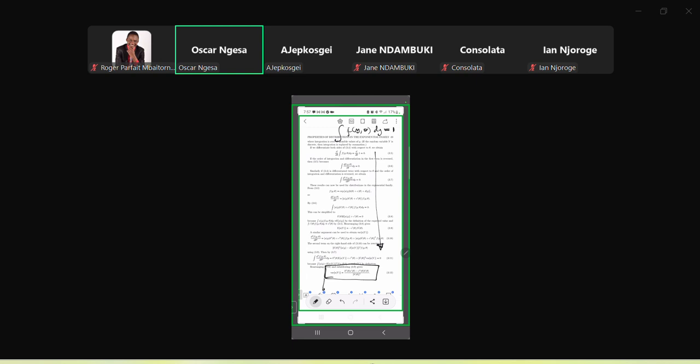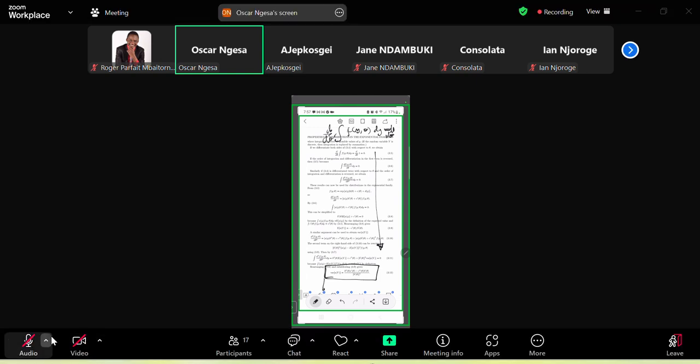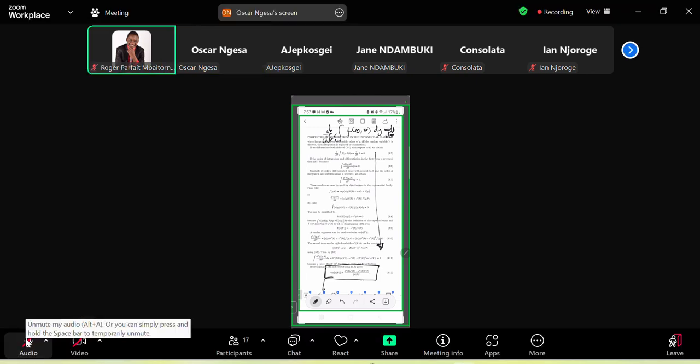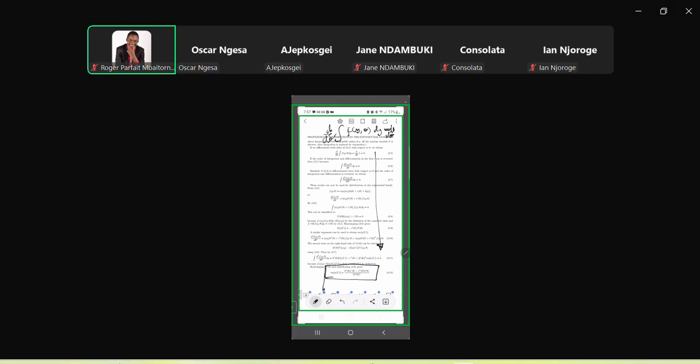Is that okay? Yeah. Now, differentiate both sides with respect to theta. If you differentiate 1 with respect to theta, what do you get? 0, because it's a constant. So on the left-hand side, we'll be left with this. Can you see?